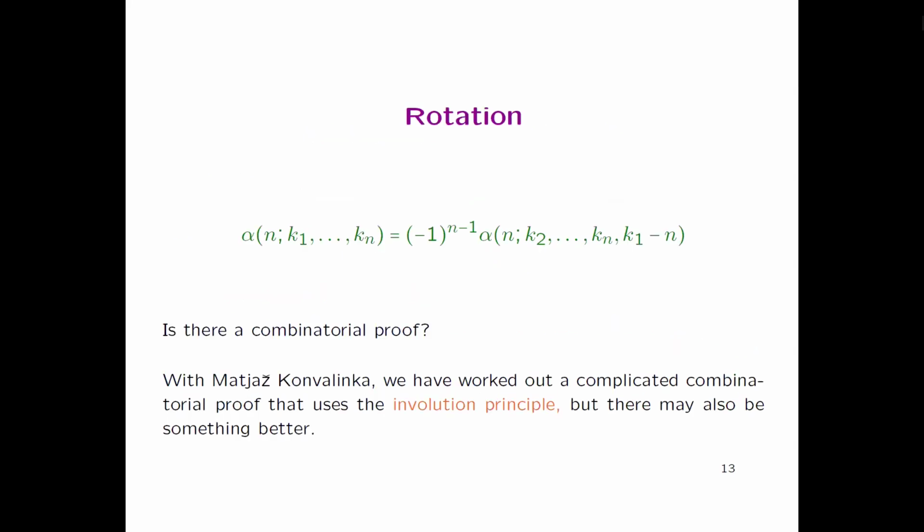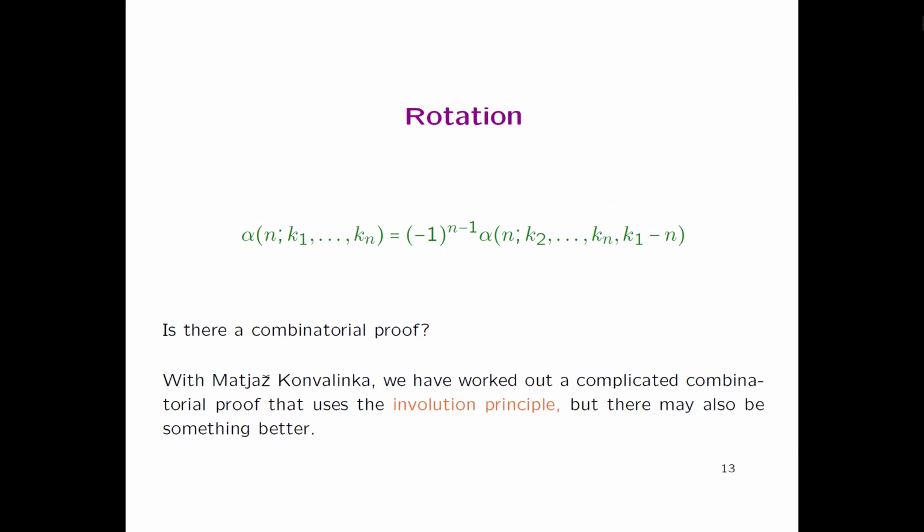I want to point out another relation that is fulfilled by these operator polynomials, which is actually very useful for the first proof of the ASM theorem that I had. So it's a kind of rotation. So these alphas are always these operator polynomials.